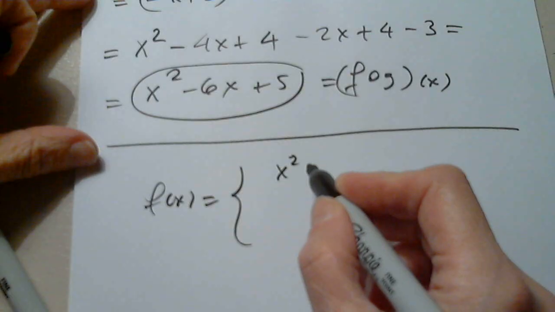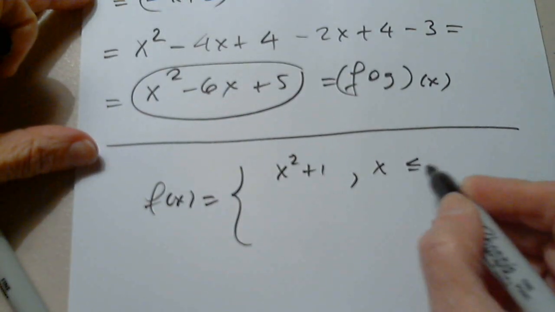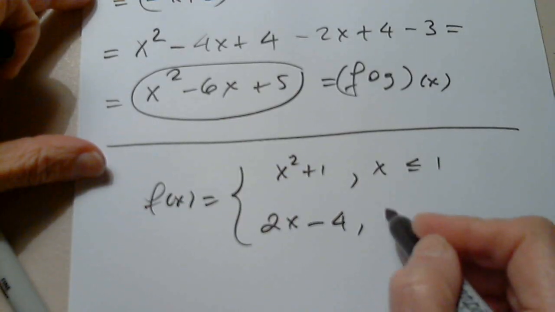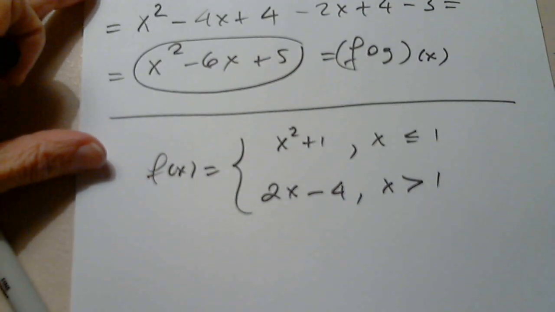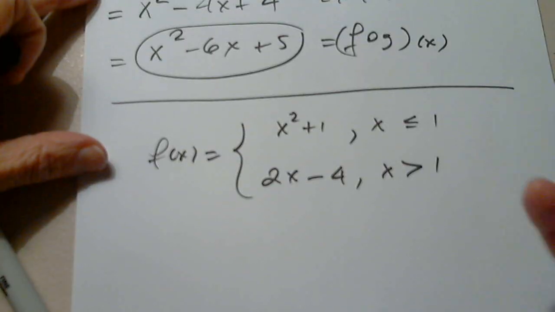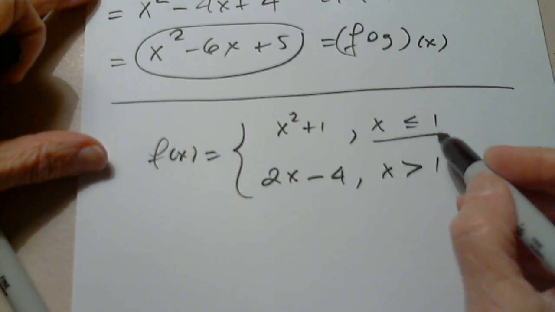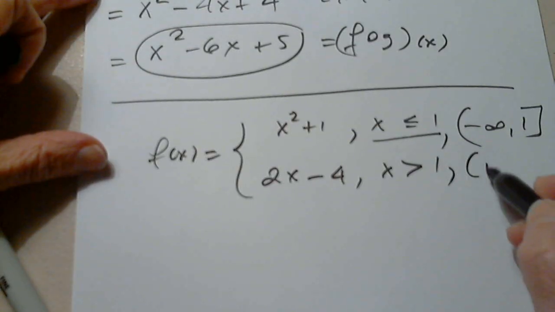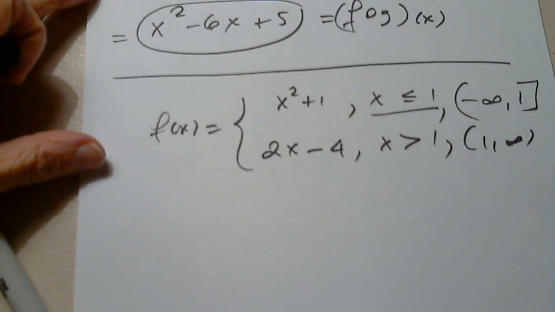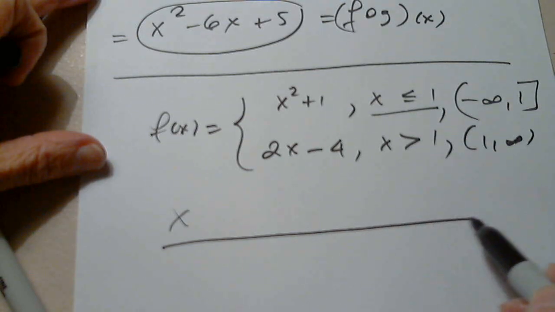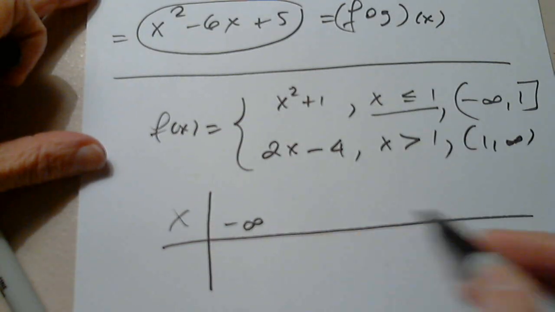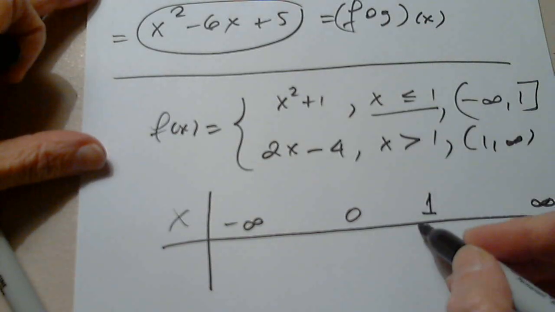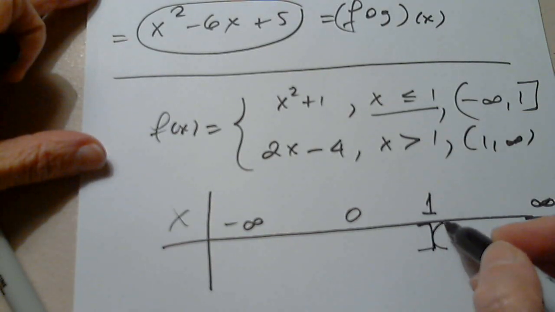x squared plus 1 for x less than or equal to 1, and 2x minus 4 for x greater than 1. So the starting point should always be changing this into interval notation. Why is this so important? It's because of that threshold point, which is at 1, with a bracket to the left and the parenthesis to the right.